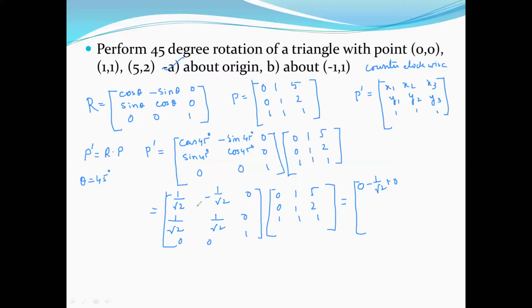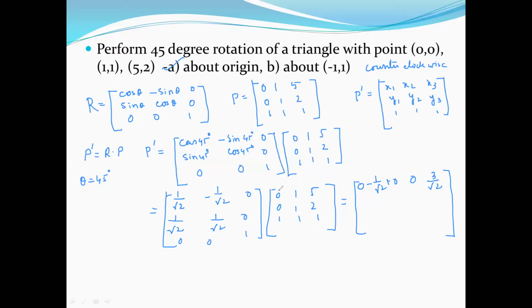The next one is the same multiplication. I am writing it, I am not doing all the computation. This one will be 1 by root 2 minus 1 by root 2 and 0, so it will ultimately be 0. And for this, 5 by root 2 minus 2 by root 2 into 0, so it will be 3 by root 2. Okay, now again the same operation will be performed.